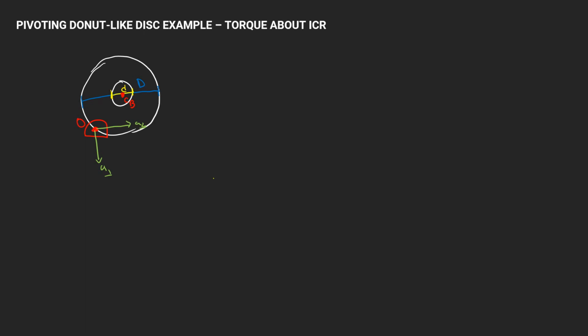And then my B frame, so my B1 is going to point to the center of mass of this object. And then my B2 is here. And then this angle between my B1 and A1 reference frames is theta.